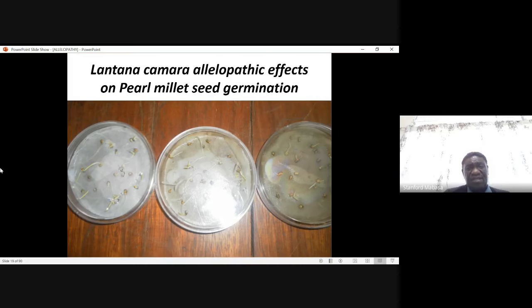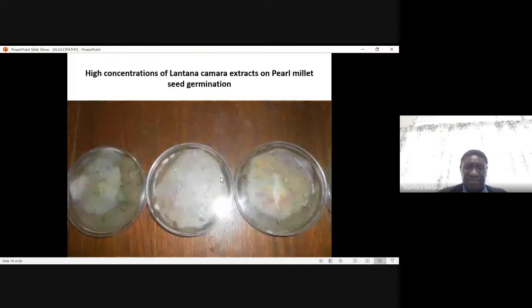So you would put in different concentrations of Lantana camara. This could be very dilute. Probably there's no allelochemicals here. As we move in this direction, these are dilute Lantana camara extracts. You are increasing the concentration. So at high concentration, the germination is actually reduced.